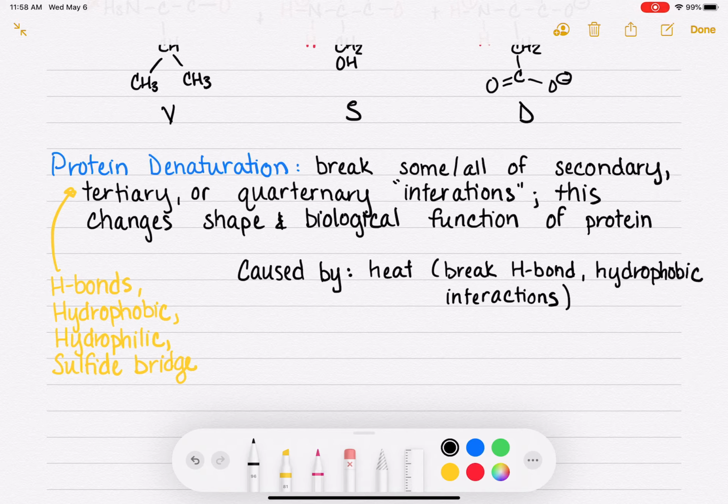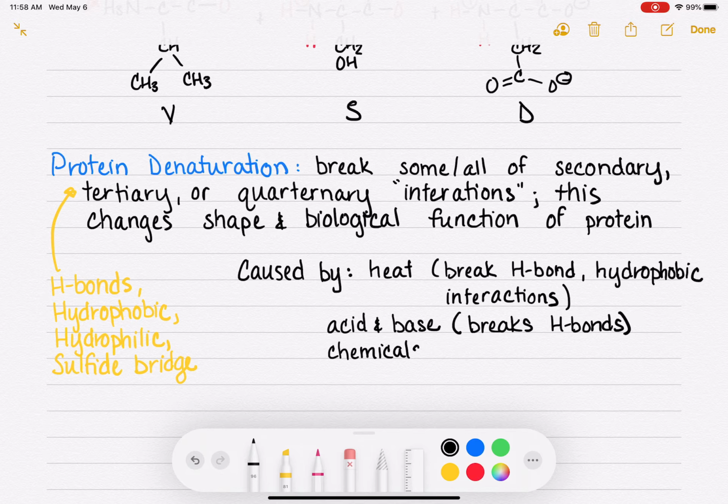Another thing that denatures proteins are acids and bases. This also breaks hydrogen bonds. Chemicals, specifically organic chemicals like volatiles, very stinky organic chemicals.